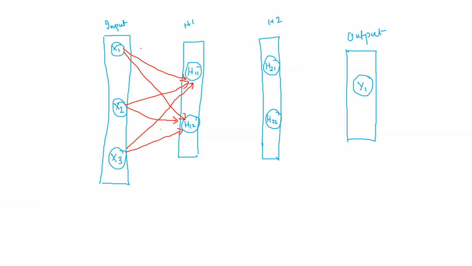Let's say if I name it W11, W12, W21, W22, W31, W32, and each of these also gets an error term.